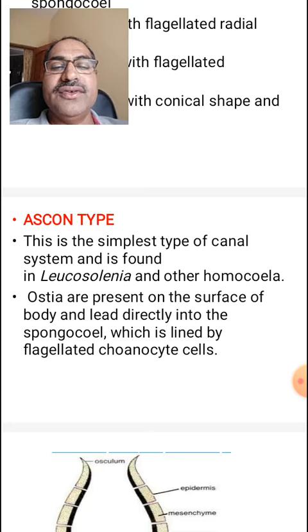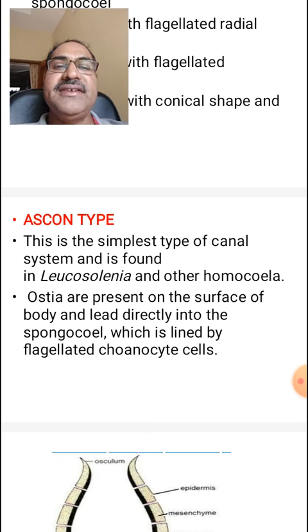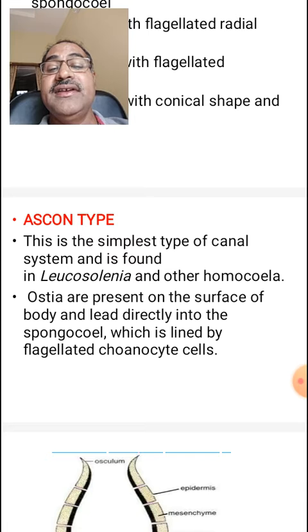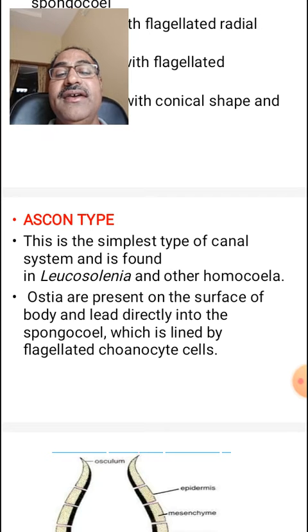So Leucosolenia contains the Ascon type of canal system. In this, the ostia are present on the surface of the body and lead directly into the spongocoel, which is lined by flagellated choanocyte cells.